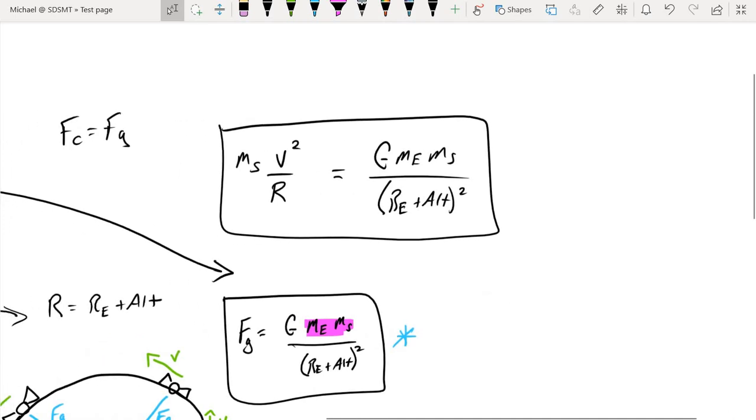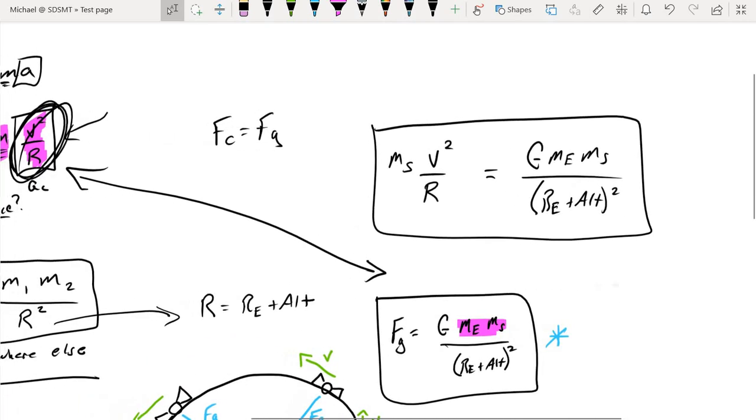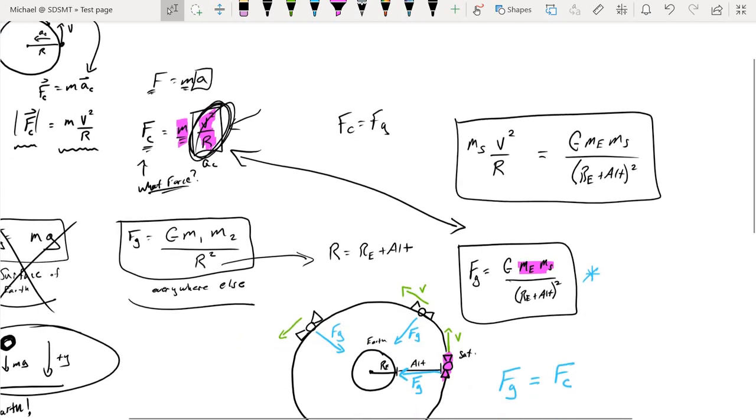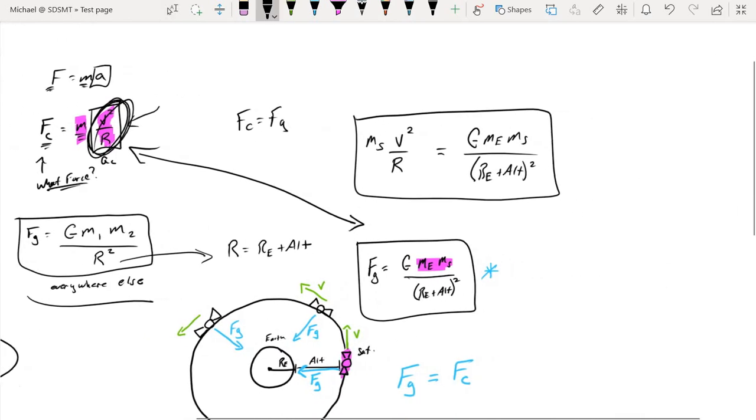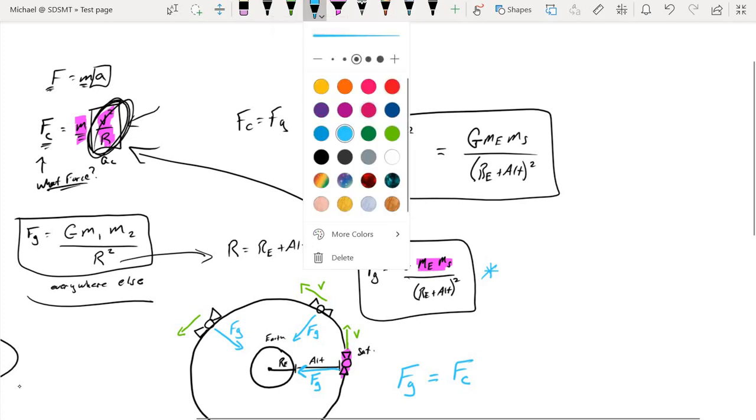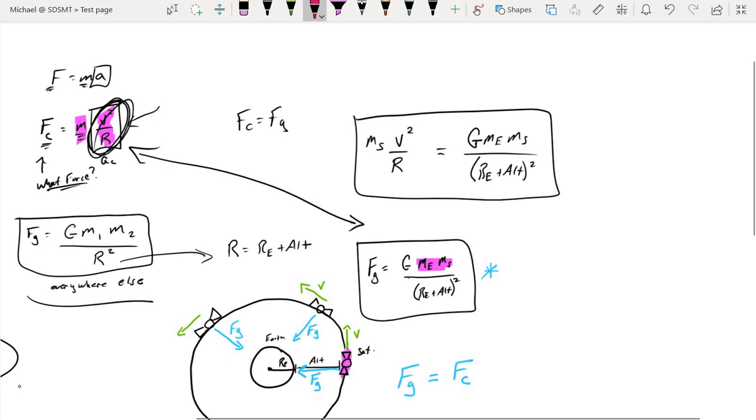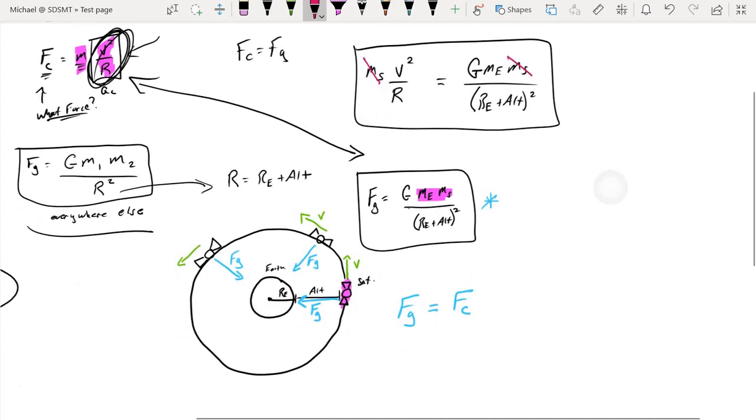Now, we do need to do a little bit of cleanup with this expression. There's always some amount of cleanup that has to be done with any kind of mathematical expression. But the first thing we should notice is that both sides of the expression have the mass of the satellite, and so the mass of the satellite will cancel out. What this means is that the mass of the satellite doesn't matter.